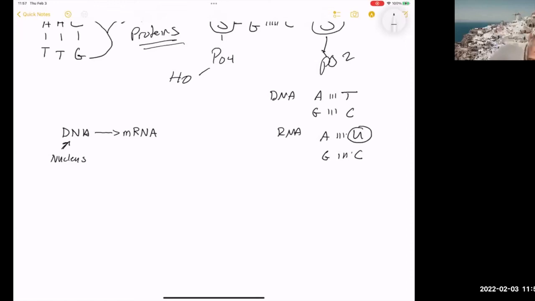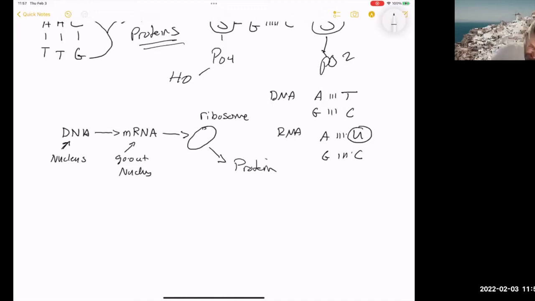So the messenger RNA can go out of the nucleus. And then the messenger RNA runs into a machine within the cell called a ribosome. And the ribosome reads the code, the instructions of the RNA, and then that creates a protein. All right.